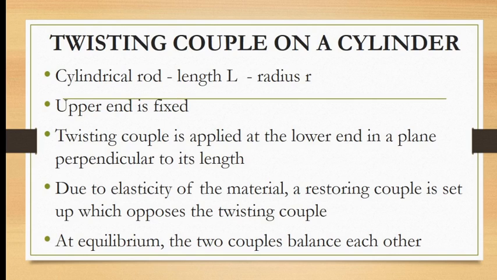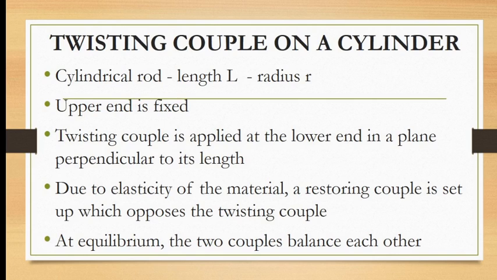In the last classes we had seen that whenever a body undergoes a deformation by the application of a force, there is an internal reaction force that will develop inside the body due to the property called elasticity. And this internal force is opposite to the applied force.